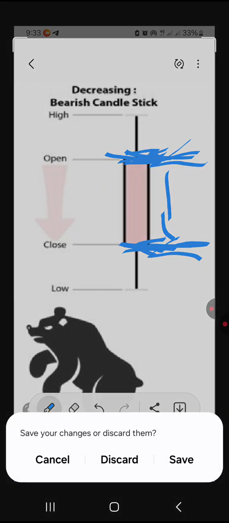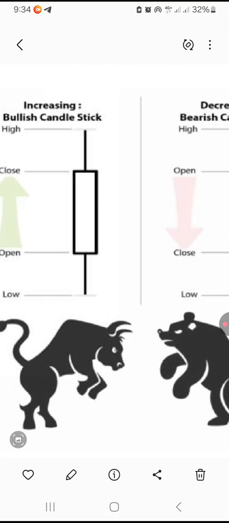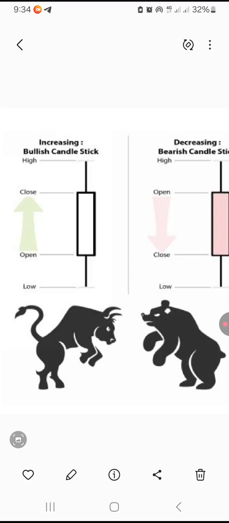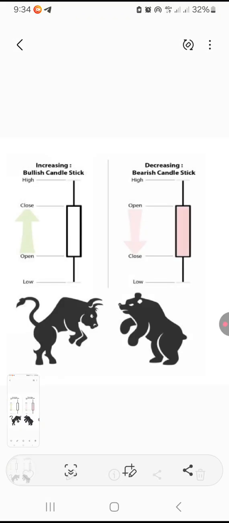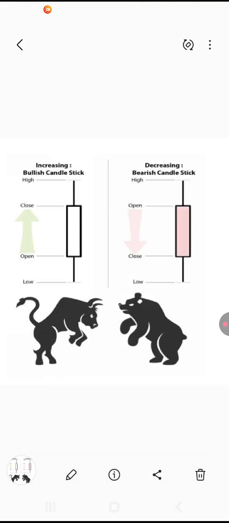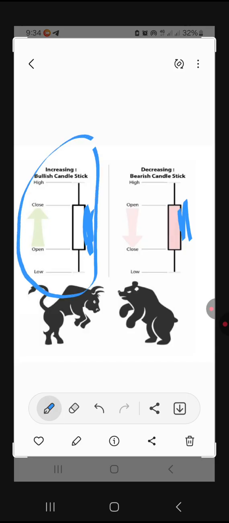So the body of each candle, you can see that these are the bullish and bearish candles. In the market, it is represented by bulls and bears. Bulls meaning bullish, buyers. Bears mean bearish, that's sellers.